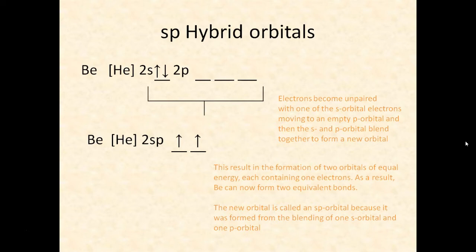As a result, I'll get two orbitals of equal energy, and they each contain one electron, which now allows beryllium to form two bonds. And because it was made up of blending one s with one p, we call it an sp orbital.